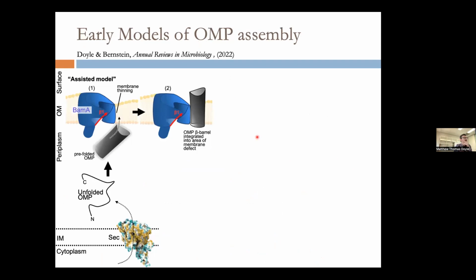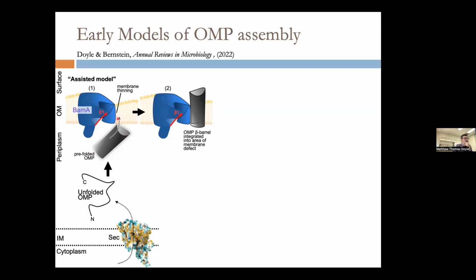All right, so at this point, there are a number of models for how BAM functions to fold OMPs. An unfolded OMP is synthesized in the cytoplasm and transferred across the inner membrane by the Sec translocon. This is an energy-driven, ATP-driven process, and so it's maintained in an unfolded state.